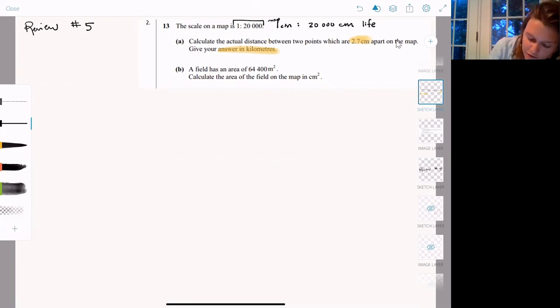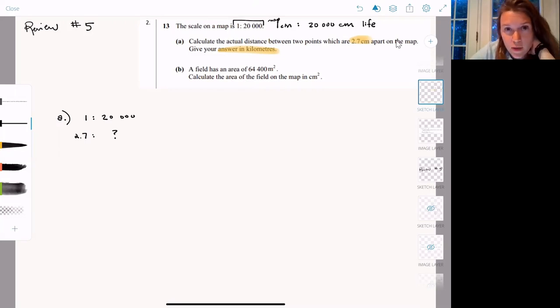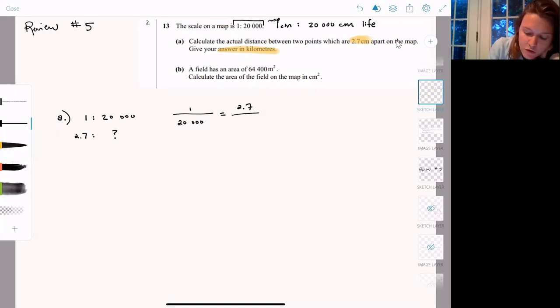So for part A, I have 1 to 20,000, but I've got 2.7, and I want to know how many centimeters that is in real life. Well, if I've got these two fractions, I can set up a proportional equation, just like I do when I'm finding percentages, right? So here, 1 over 20,000 equals 2.7 over question mark, or x, doesn't matter.